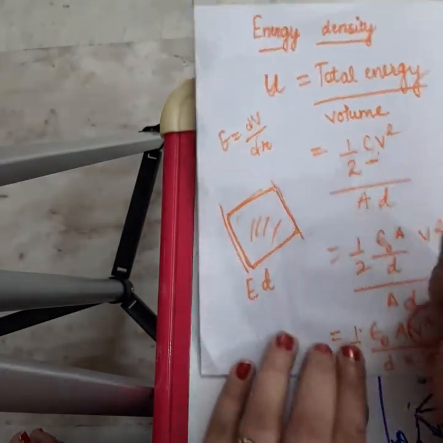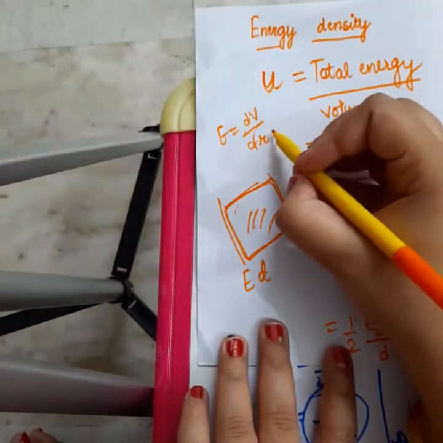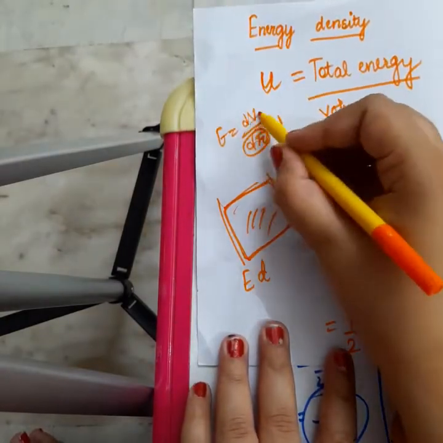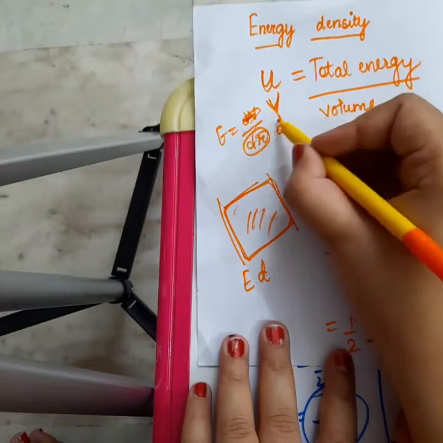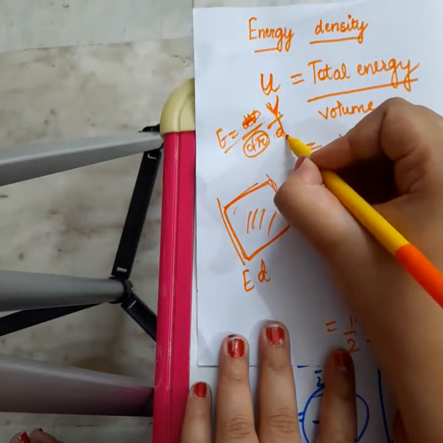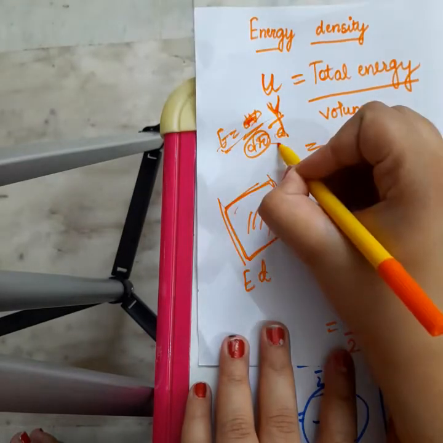If the length is d and the potential difference is V, then E is equal to V upon d, so V is equal to ED.